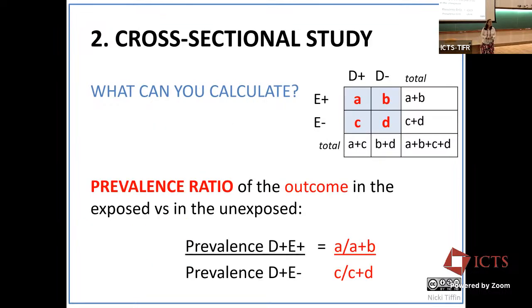So the prevalence ratio tells you whether having the exposure of interest is associated with having the disease. And you can get a kind of ratio that suggests how much more prone people with the exposure are to simultaneously have the outcome, at that moment of time in this particular study.